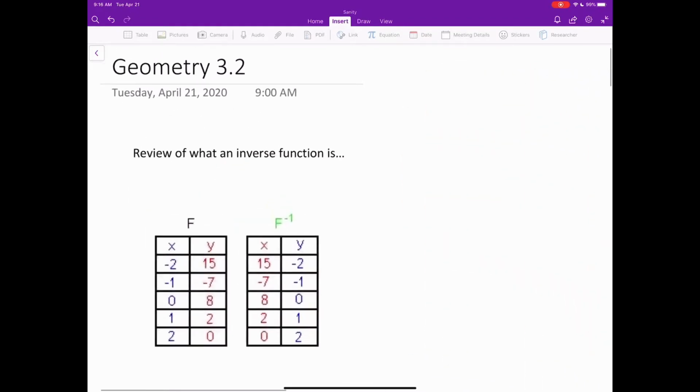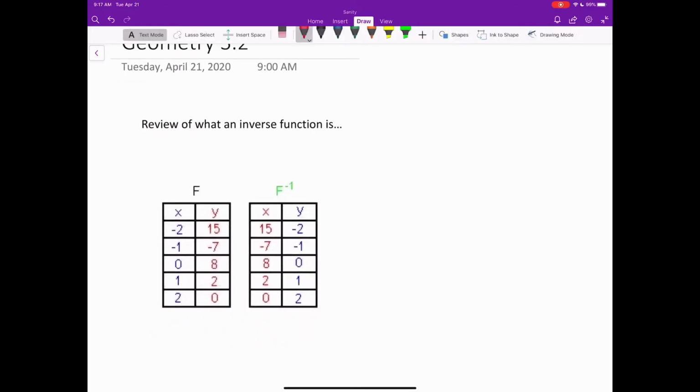So we're going to talk about inverse tangent, so I want to remind you what an inverse function does. If you have some sort of function f here, you have inputs of x and then it outputs a y value. So apparently, according to this function, if you input a -2, you get out a 15. If you input a -1, you get out a -7, inputs and outputs.